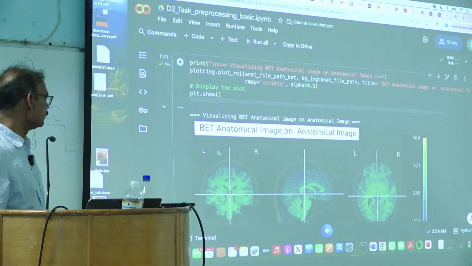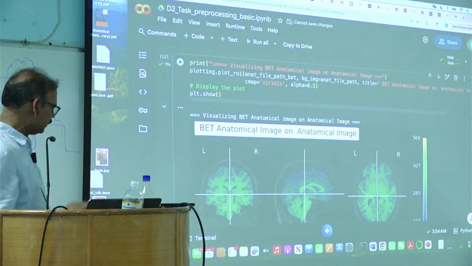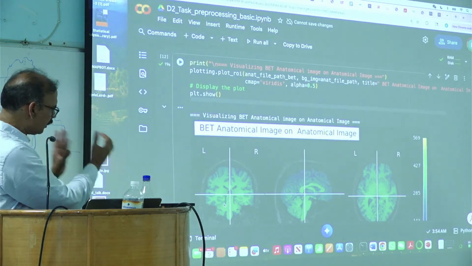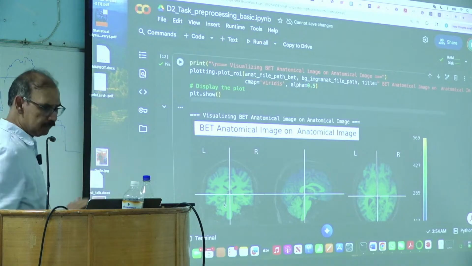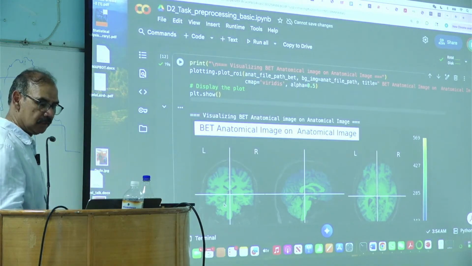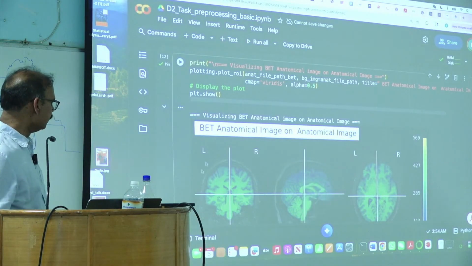So this is anatomical on the anatomical. It shows a very good segmentation, that only voxels within the brain have survived. Everything outside has been removed, right?